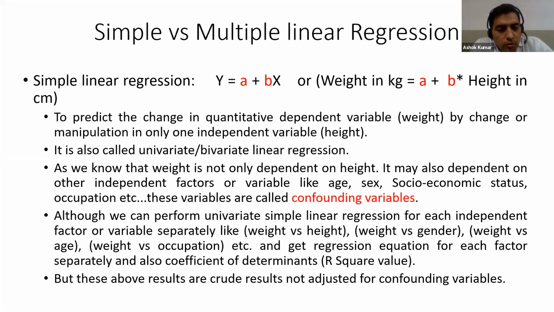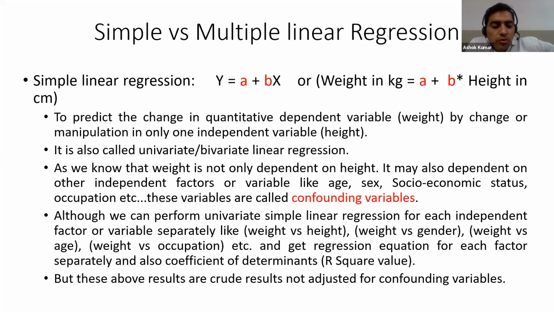Although we can perform univariate simple linear regression for each independent factor separately, like weight versus height, weight versus gender, weight versus age, weight versus occupation, and get a regression equation and the coefficient of determination, that is the R square value, separately.